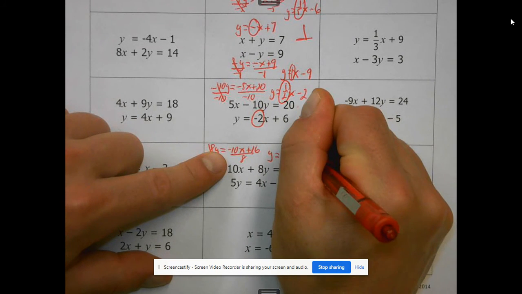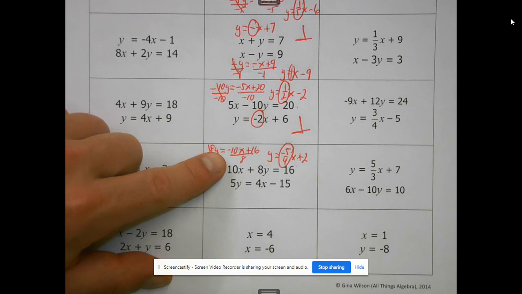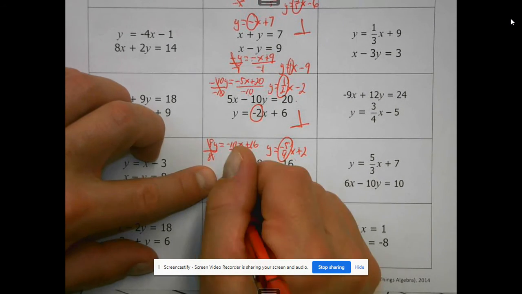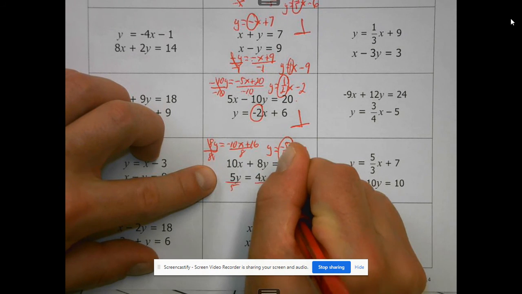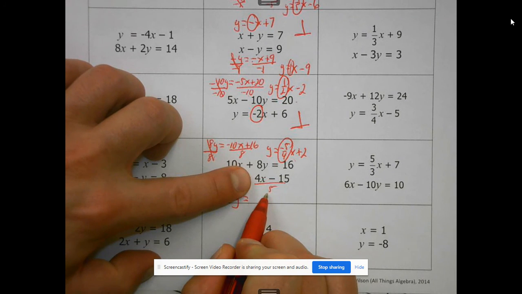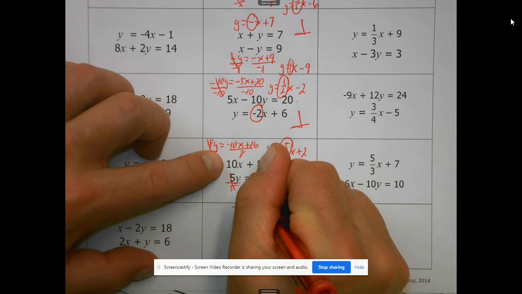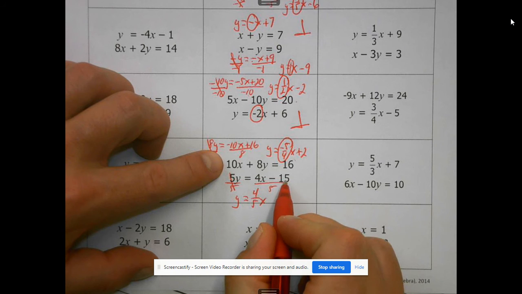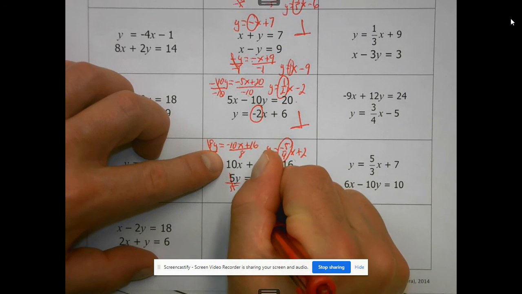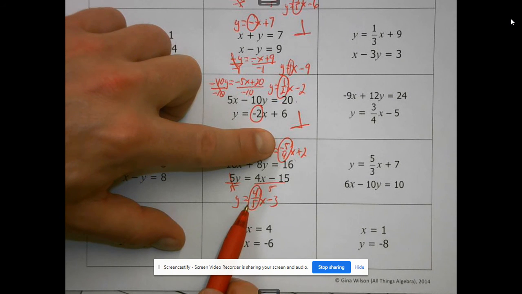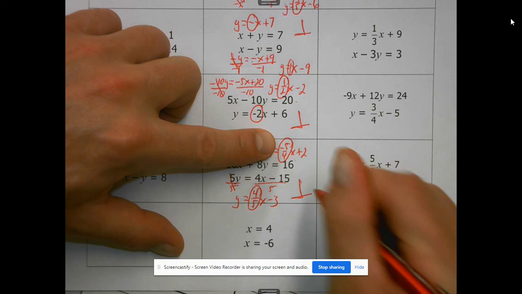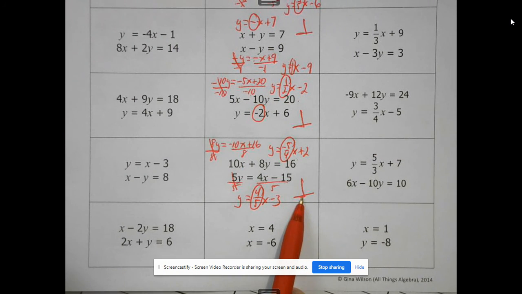Up top slope, -5/4. Bottom, I just have to divide both sides by 5. 4 over 5x. -15 divided by 5 is -3. Bottom slope is 4/5. Top slope was -5/4. These are negative reciprocals. These are perpendicular.